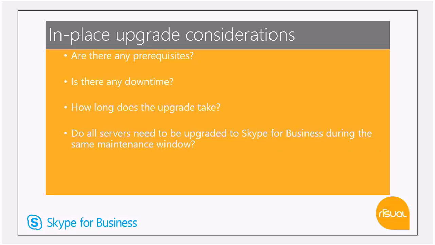However, you can coexist your edge pools, your persistent chat servers, your Office web app servers, any Exchange and all the other Lync and associated Lync servers with a Skype for Business front end pool. Obviously, we recommend that you plan to upgrade all your Lync servers to Skype for Business, but essentially you don't have to do them all in the same maintenance window.